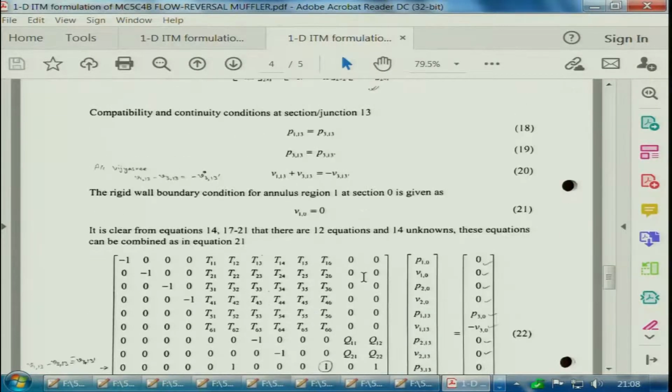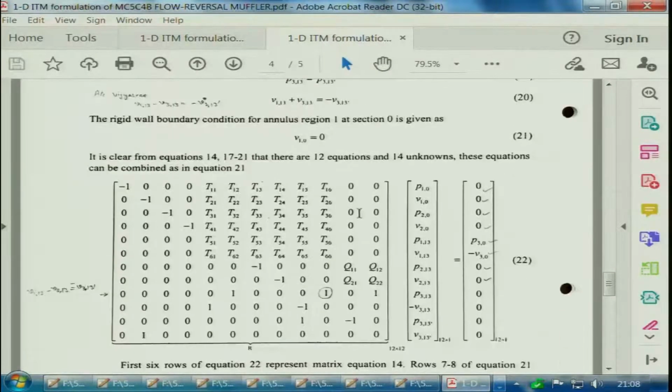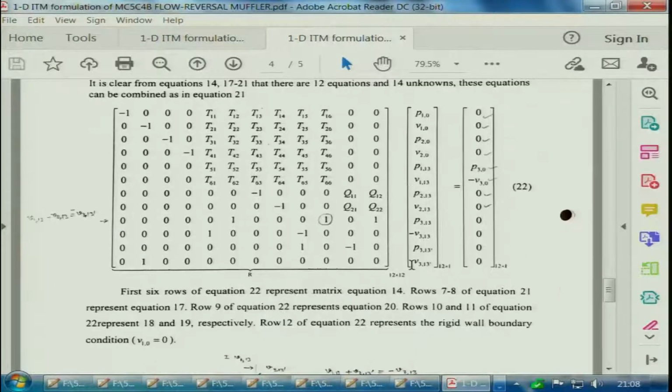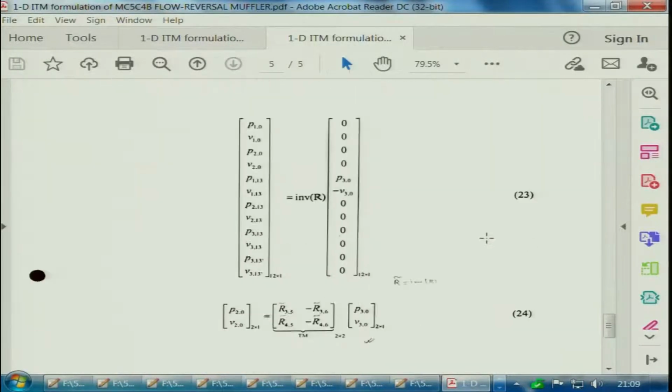After you apply all these conditions, you get a big transfer matrix, and then by eliminating or inverting the transfer matrix and finally relating P2 V2 to P3 V3 0, that will give you the final transfer matrix encompassing everything.